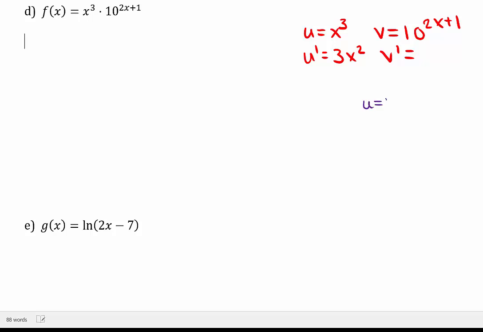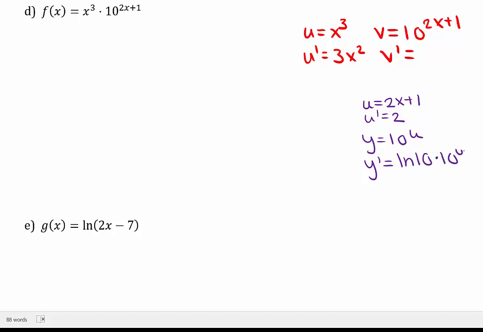Using the chain rule, the inside function is 2x plus 1, and the derivative of that inside function is 2. My outside function would be 10 to the u, and the derivative of 10 to the u is going to be natural log of 10 times 10 to the u.